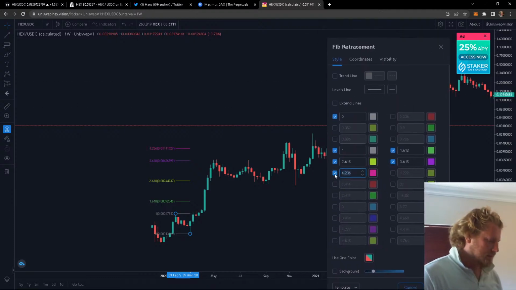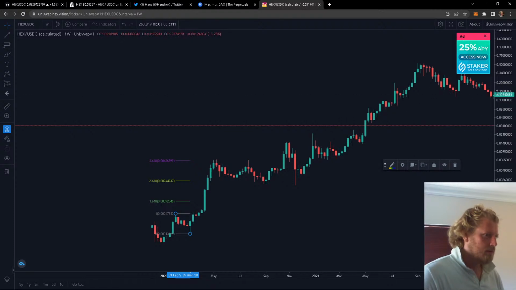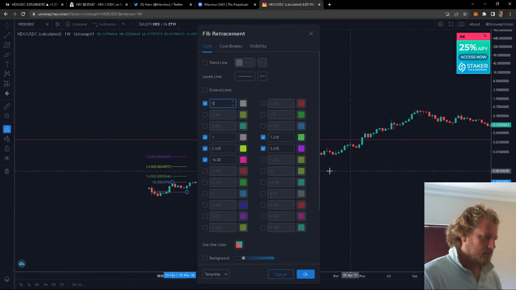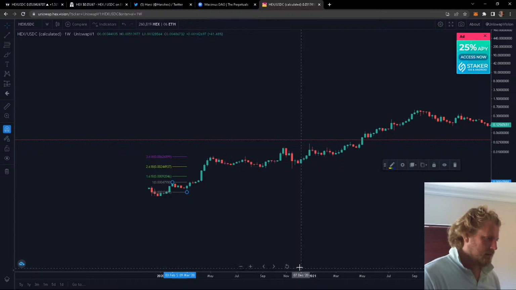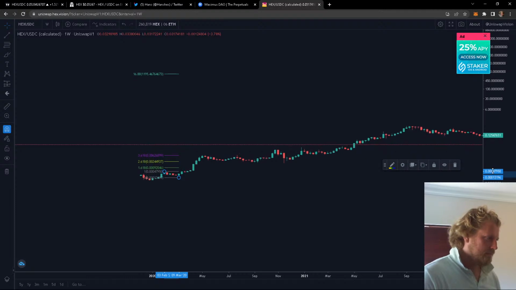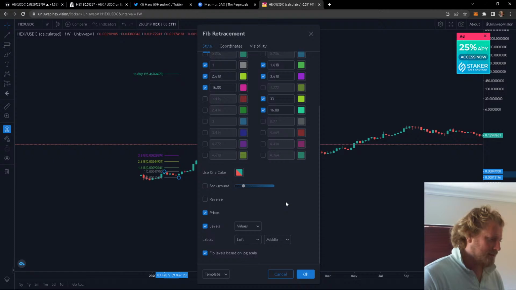Let's just put in the 16.88, because this tends to be the top. Oh, did I put it on? There we go, and the 33. Look at that, that's ridiculous. I did something wrong. This is based on the log chart.